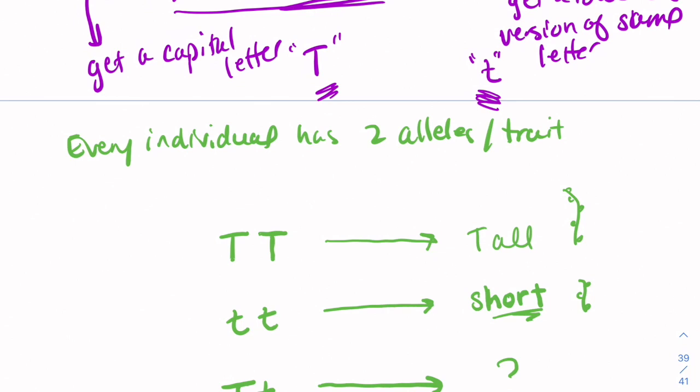But the way this whole dominant recessive thing works is that this dominant allele hides, it overpowers the presence of a recessive allele. And so this plant is also going to be tall. Make it tall. There we go.